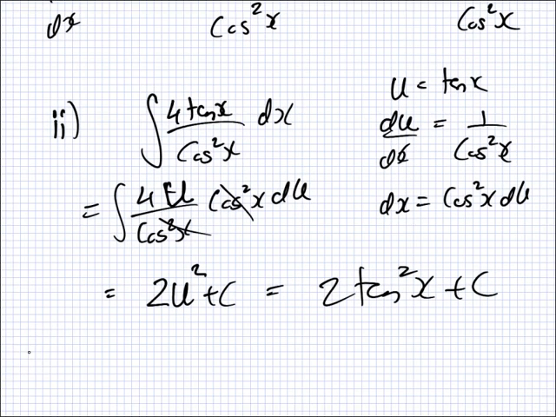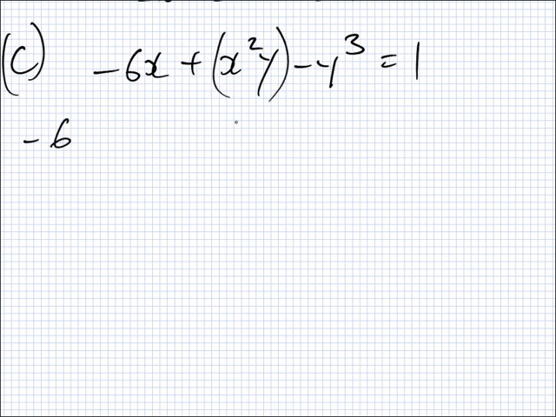Next part, part C. Part C is we want the derivative. So what type of derivative is this one called? Implicit, yeah. So, minus 6x? Minus 6. And then here we need the product rule.